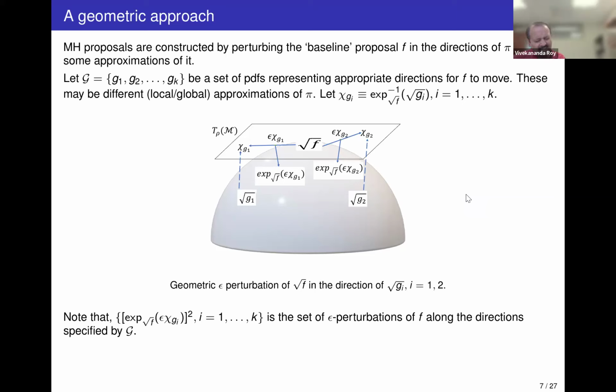And I'm going to do it in the square root space. So suppose I take the square root of F, and remember the tangent space is linear. So I'll first take the inverse exponential map, which I'm denoting by chi, according to these directions specified by G. And then I'll take the exponential map to map it back to the square root space, and then I'll simply square it to bring it back to the space of densities.